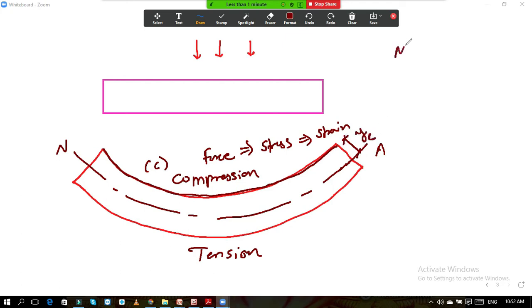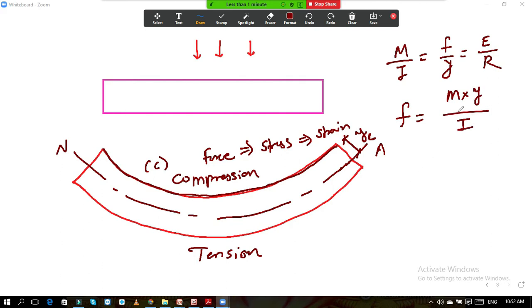The formula you know is M by I is equal to F upon Y is equal to E by R. If I want to calculate the maximum stress F, then the formula is M into Y divided by I. M is your moment, it depends upon the load, so this is constant. I is the moment of inertia of the cross section. If this is the cross section with B and D, you will calculate the moment of inertia Ixx.